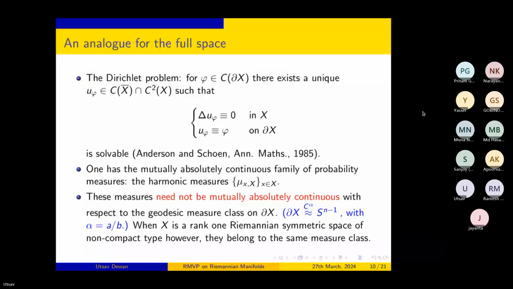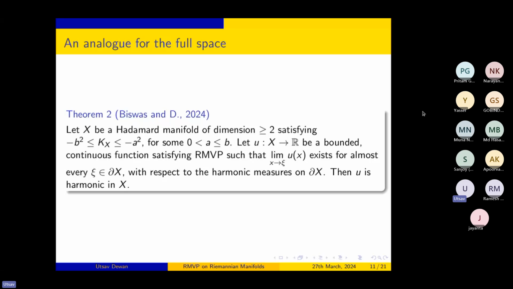So in this setup, with these sorts of challenges, we still have this result. Let X be a Hadamard manifold of dimension greater than or equal to 2, satisfying this pinched negative curvature condition: the sectional curvature is between two negative constants, minus B and minus A, for some 0 strictly less than A less than or equal to B. Now this is just the analog of Fenton.